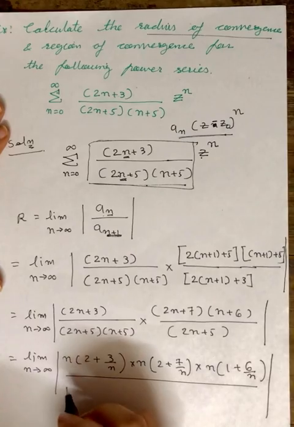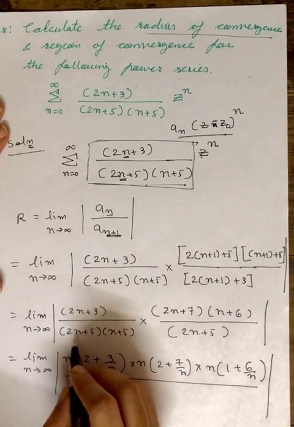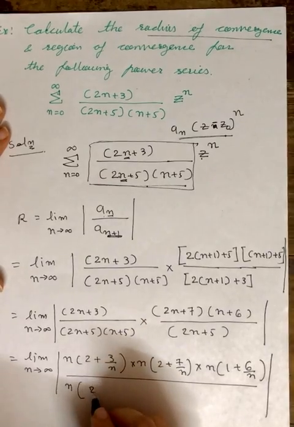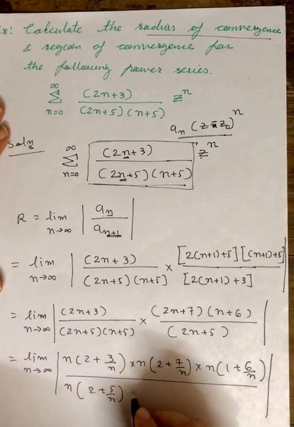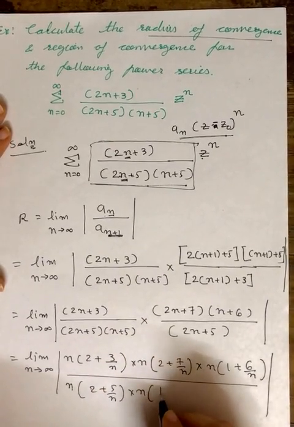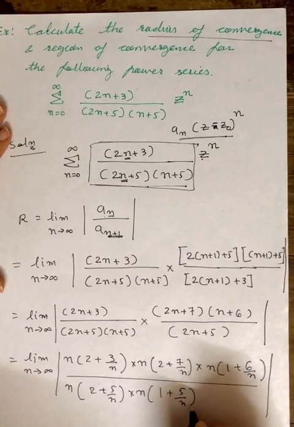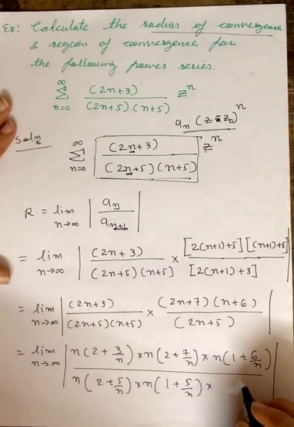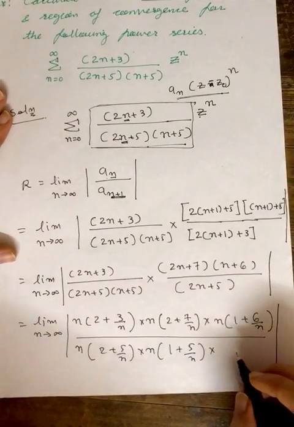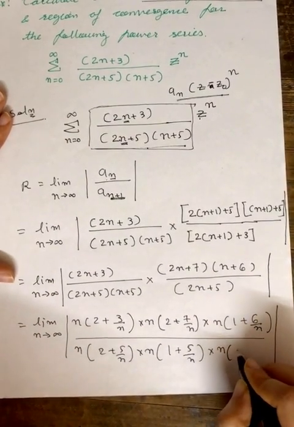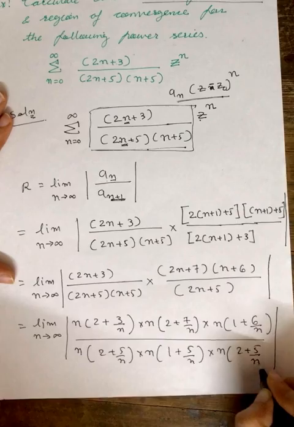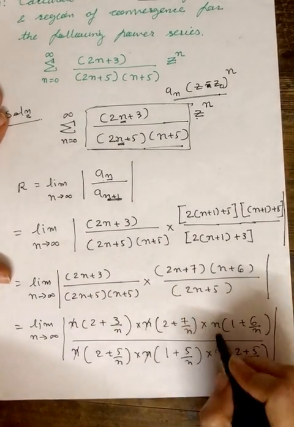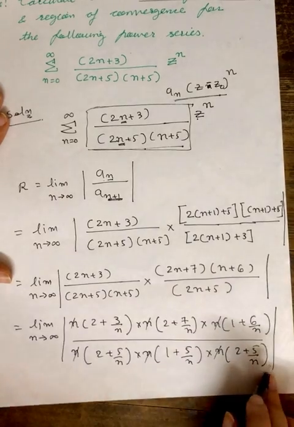And we will do the same process in the denominator also. Take n common from every bracket. So 2 plus 5 by n, into n into 1 plus 5 by n, into n into 2 plus 5 by n. Now this n will cancel up and we are left with this only.